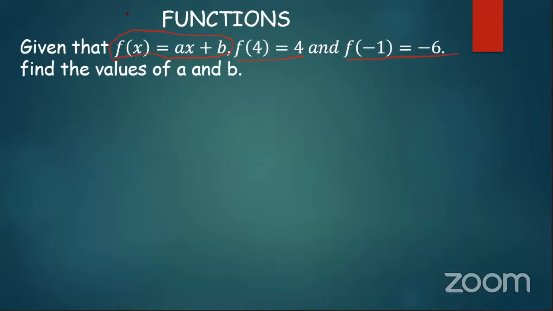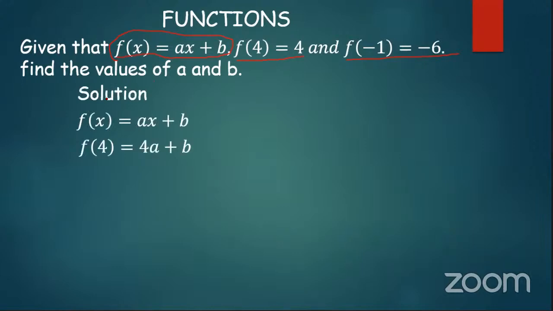So we substitute f of 4 equals 4 into the original function, which becomes 4a plus b equals 4. Then we go to the next one, f of negative 1 equals negative 6, and still substitute it in the original function, which becomes negative a plus b equals negative 6, then form simultaneous equations and solve.